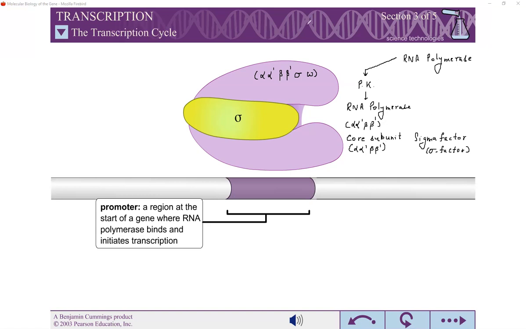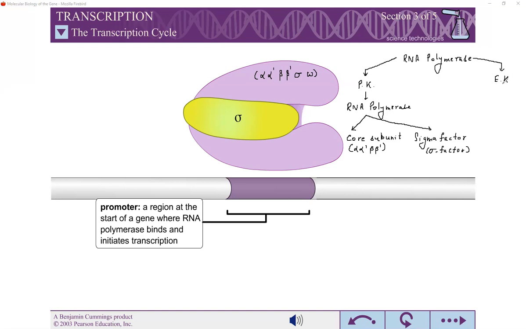While in the case of the eukaryotic cell, it has several different types of RNA polymerase molecules. This is all about prokaryotes, and the other is all about eukaryotes.